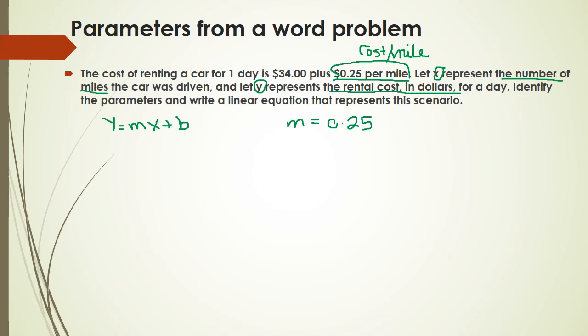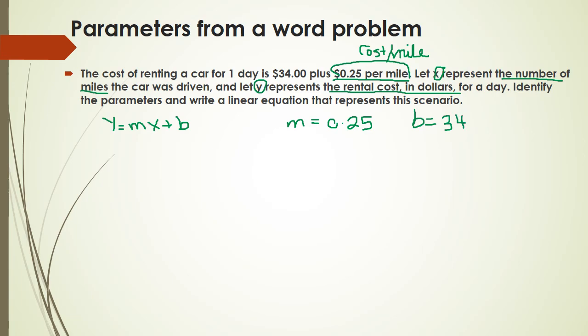And we know that b is the initial value. The initial value in this problem is that we have to pay $34 for renting the car for 1 day. So this is like an initial fee that we have to pay for the first day, which is 34.